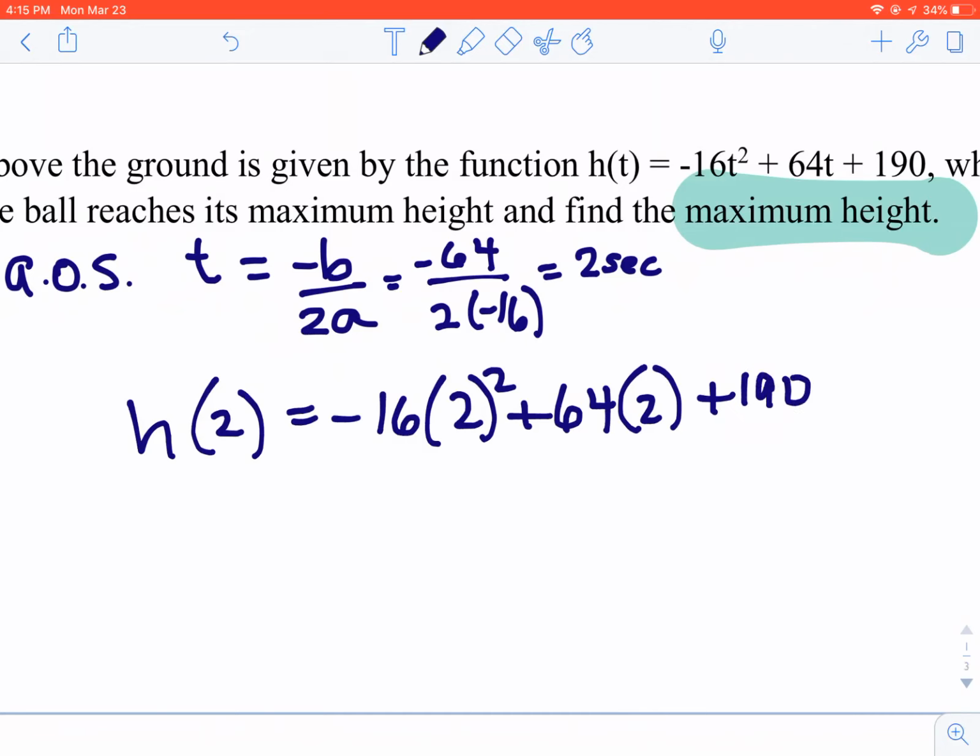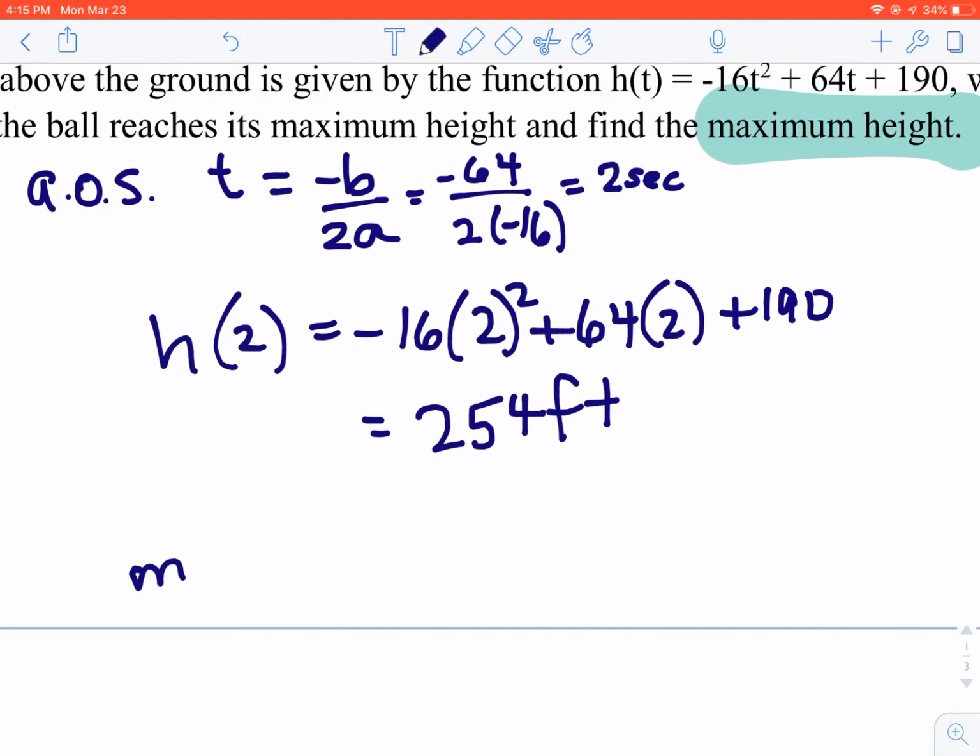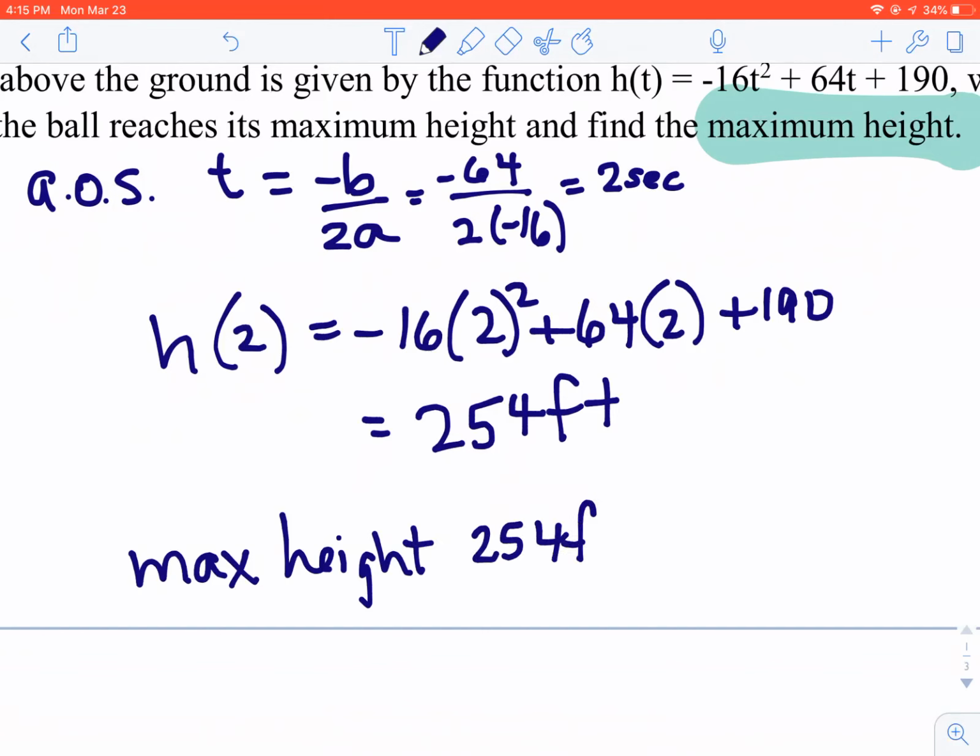And if I use my handy dandy calculator, it says 254 feet. So its maximum height is 254 feet at t equals 2 seconds.